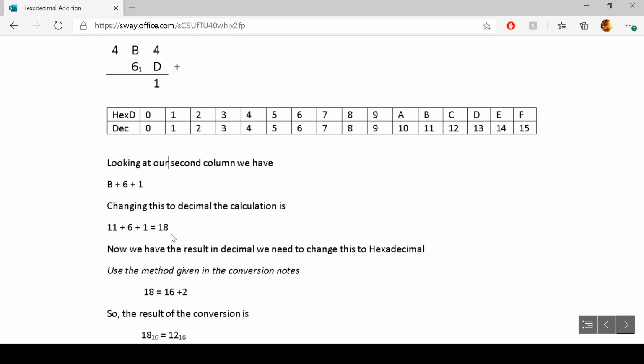We know that we can only have a maximum up to F. So 18 is equal to 16 plus 2. So we have 2 in the unit column and we have one 16. So the result of the conversion is 18 decimal is equal to 12 hexadecimal. Use the conversion notes that you've been given if you prefer. It's absolutely whatever you understand using, then use that.